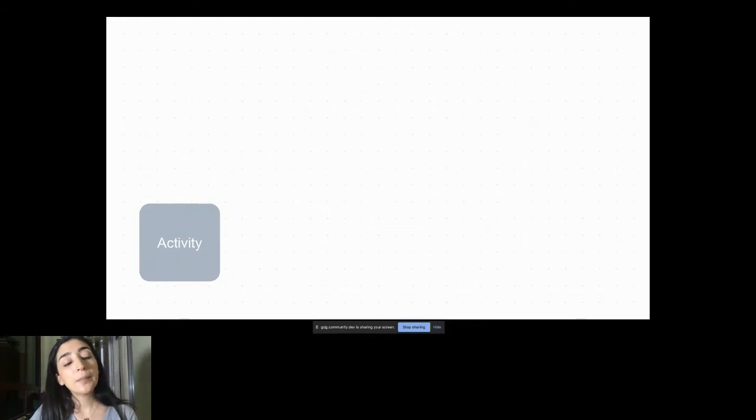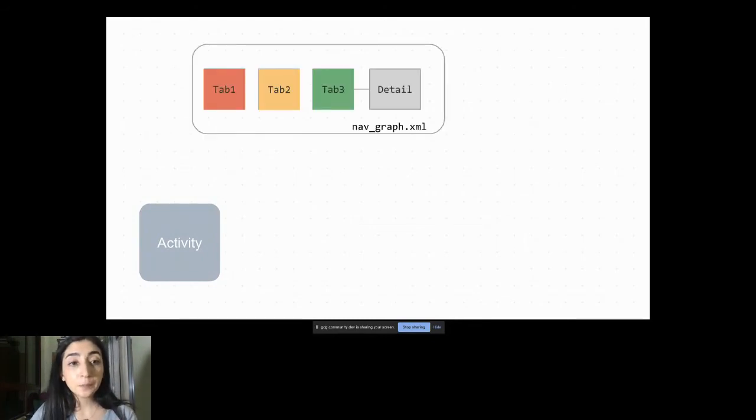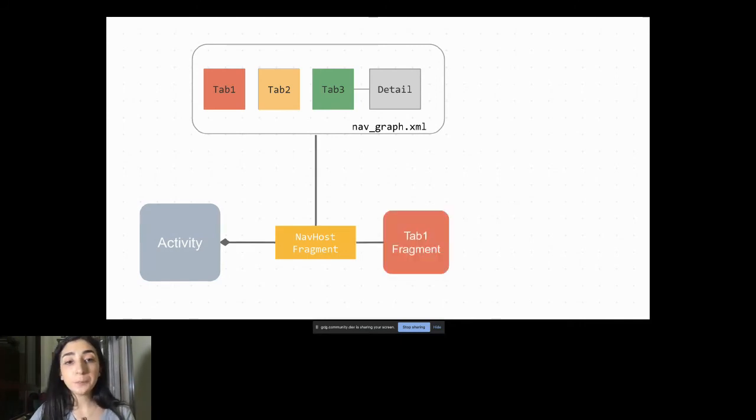So imagine we have our activity, we have our nav graph that contains our 3 tabs, and I added a 4th fragment, which is behind the tab 3. It's just a detail fragment. And of course, we have our nav host fragment that is added inside the layout. Of course, it's bound to our navigation graph, sorry.